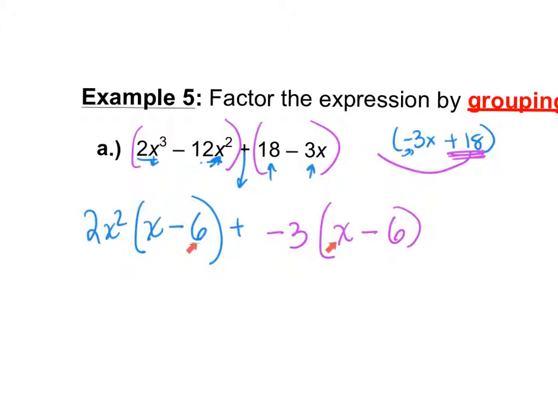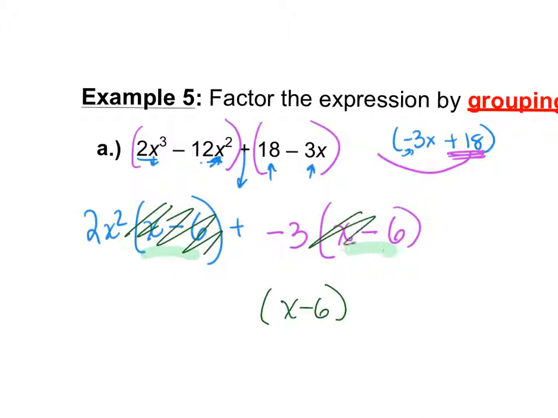Now I see that I have the same parentheses right here. I have x minus 6 at both places. That means I'm going to take out the x minus 6. That's going to be factored out of both. And you're left with 2x squared plus negative 3, which is just 2x squared minus 3. Now you have the complete factored form.